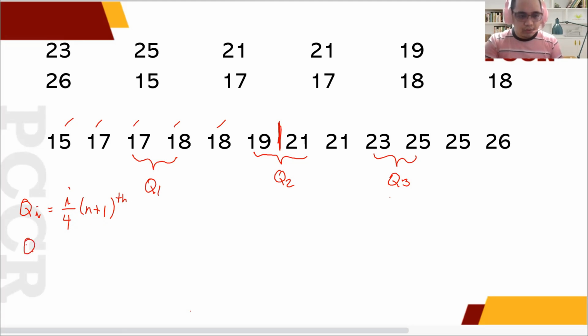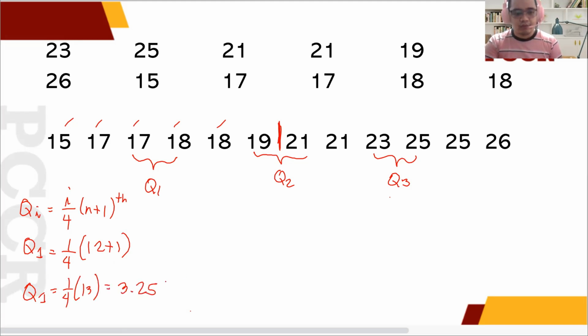So let's say kukunin ko yung quartile 1. So since quartile 1 yan, we have 1/4 times n kung ilan lahat yung samples natin. So that will be 12 plus 1. Okay, so pag kinalculate natin yan, that will be 1/4 of 13 or 3.25.